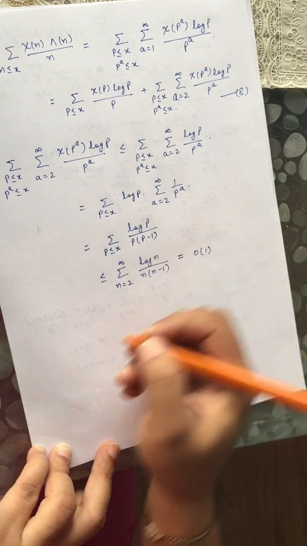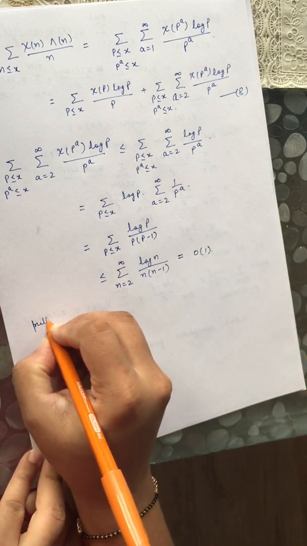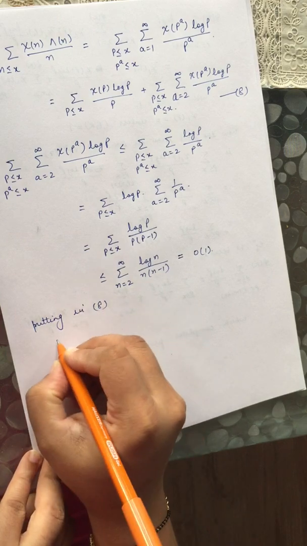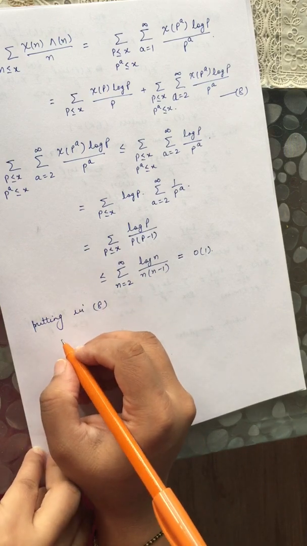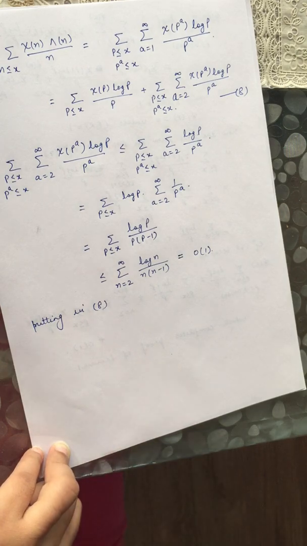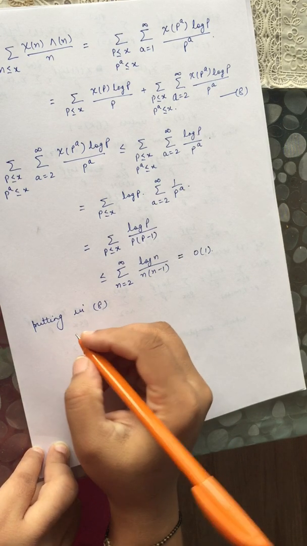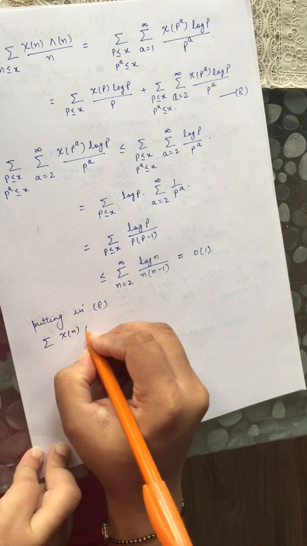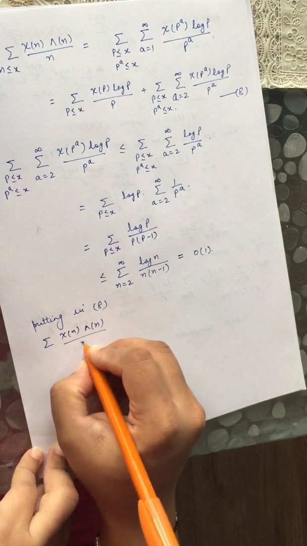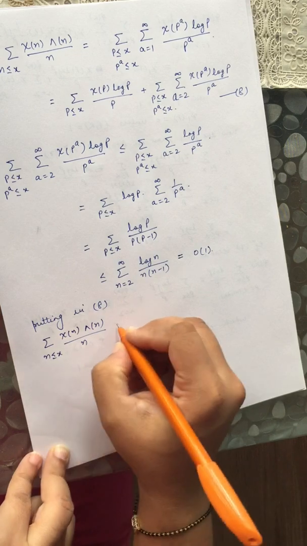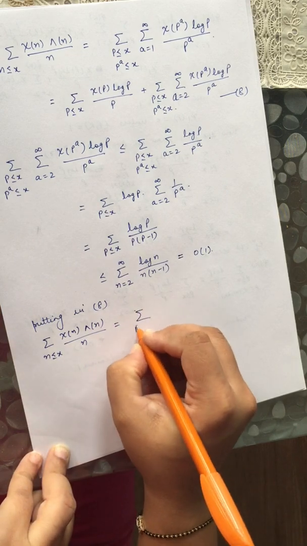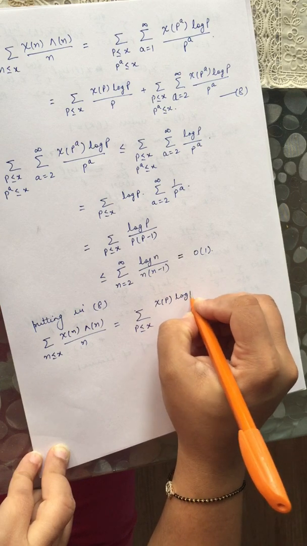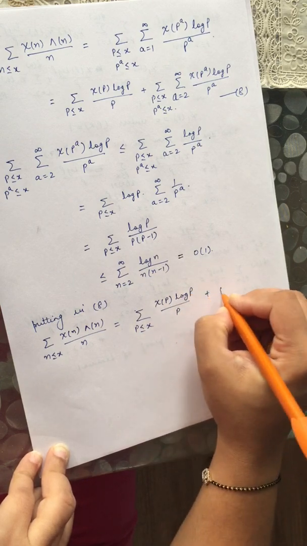So now we put this value in 8. Then we get summation χ(n)Λ(n)/n over n is equal to summation over the primes χ(p) log p / p plus order of 1.